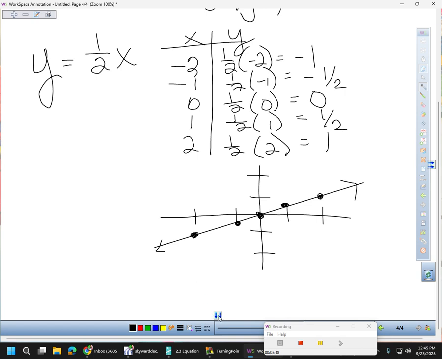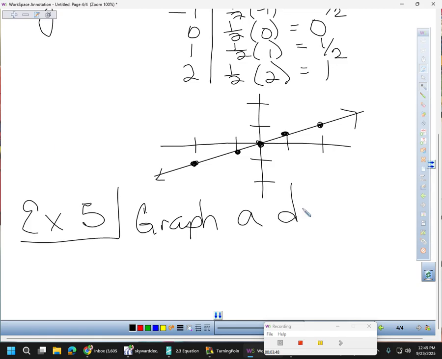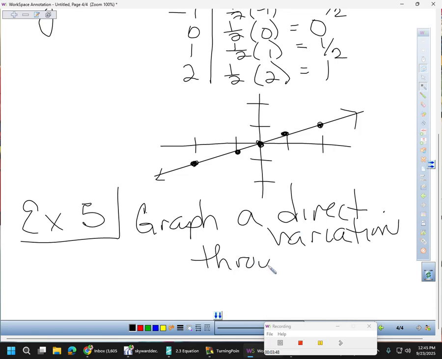So let's say, what example am I on? 5? Example 5. Graph a direct variation through, let's say, the point 3, 5.